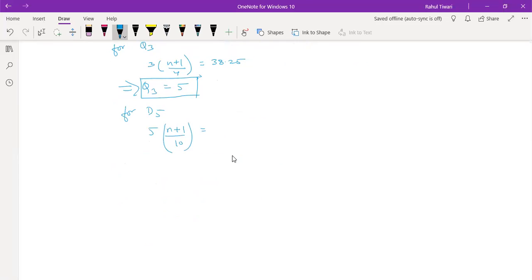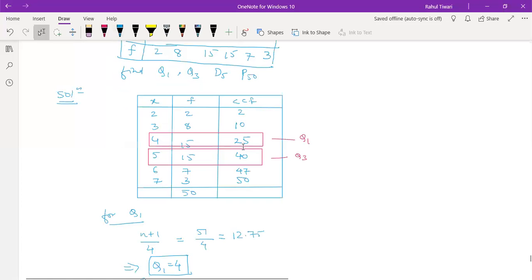How much is it? 51 by 2, which is 25.5. So again, where is it occurring? Look, 25.5 again occurring here. Is that Q1 or Q2?